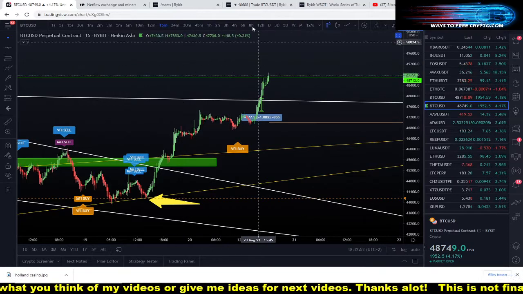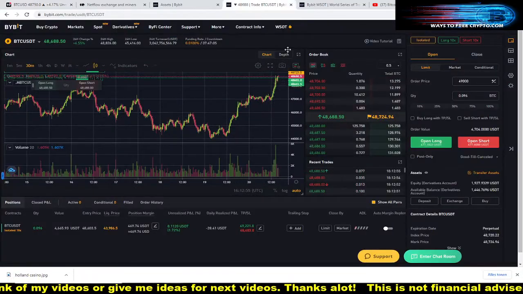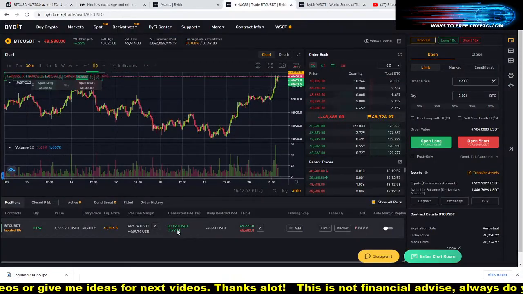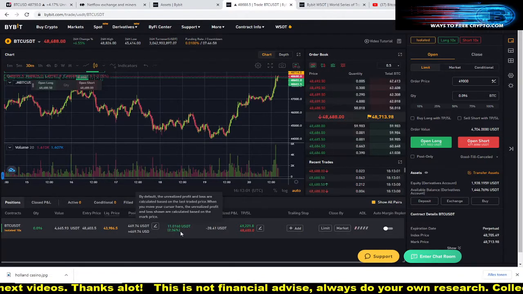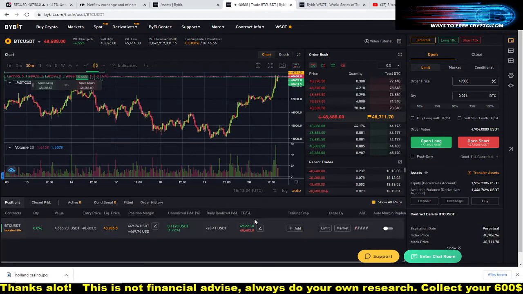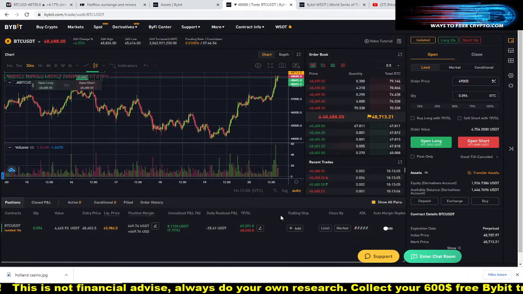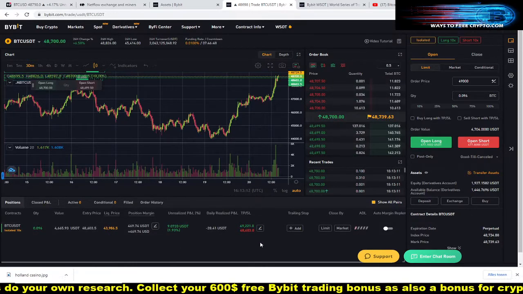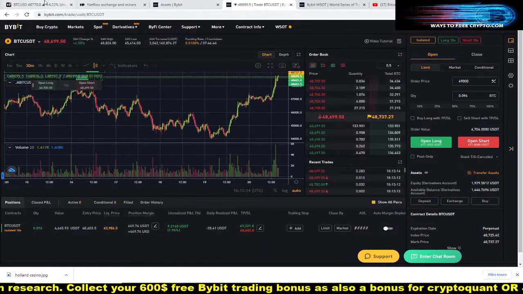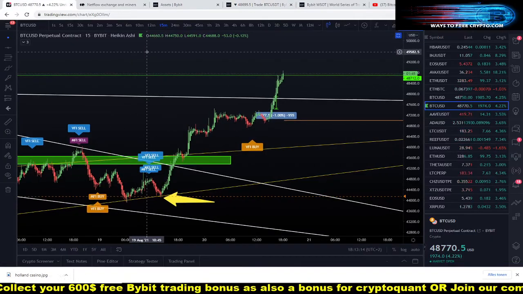And then in the morning, if your trade is really going up, then you can simply increase your stop loss further away from your entry price, so you lock in profits. And that's basically how I'm doing this.